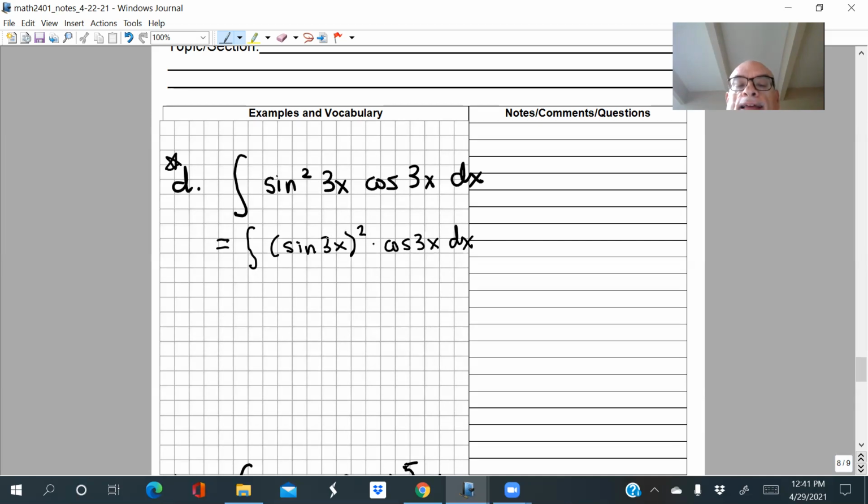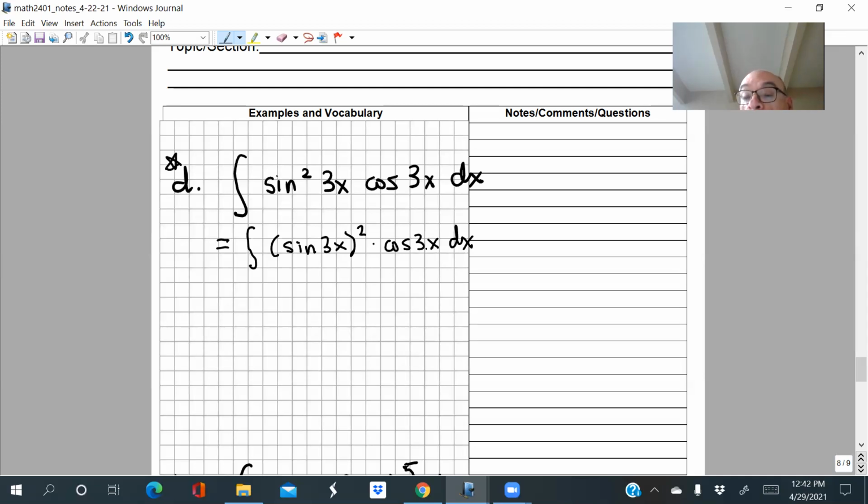So I think it's easier to think about it if this sine squared 3x is written like this, okay? The reason I think that's easier is that, looking at this, we probably want to try some sort of integration by substitution, because this is a pretty complicated integrand. But the question we want to ask ourselves is, what substitution should we make? So remember, there are two situations you're looking for that can prompt you in thinking of what would be an appropriate value to substitute into your integrand.